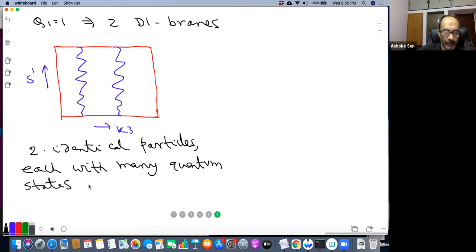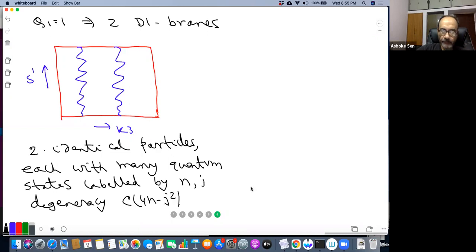So these quantum states are labeled by n and j, and the degeneracy is C of 4n minus j squared. And if C is positive, then it's a boson. If C is negative, it's a fermion.